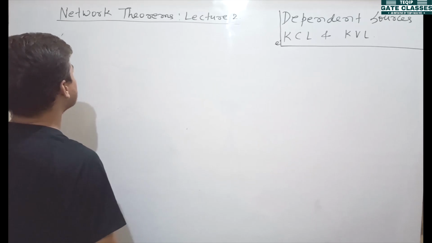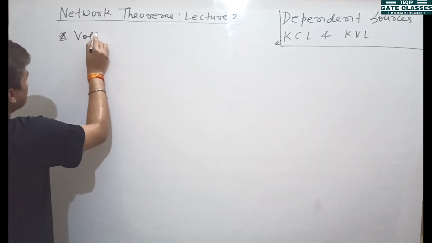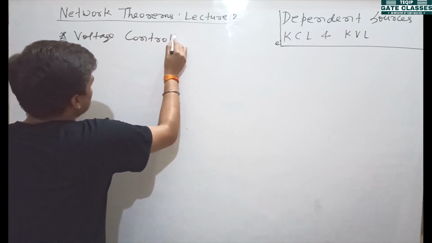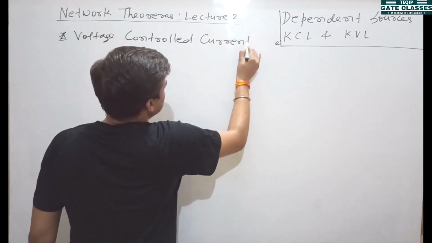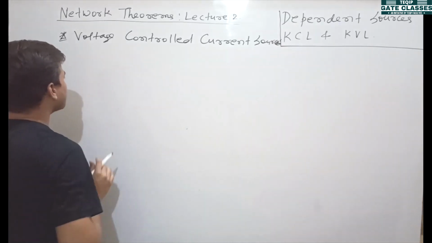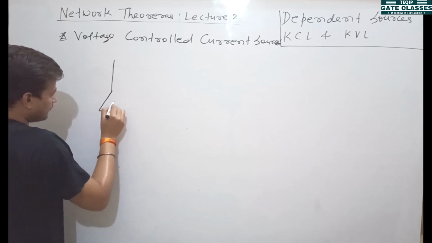Next, we have two more sources: voltage controlled current source, then we will discuss current controlled current source. Let us see voltage controlled current source. See the symbol.